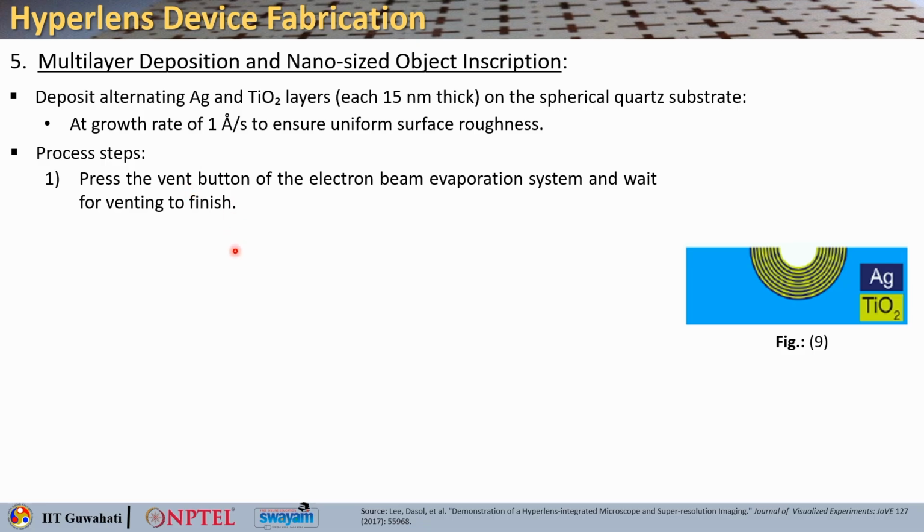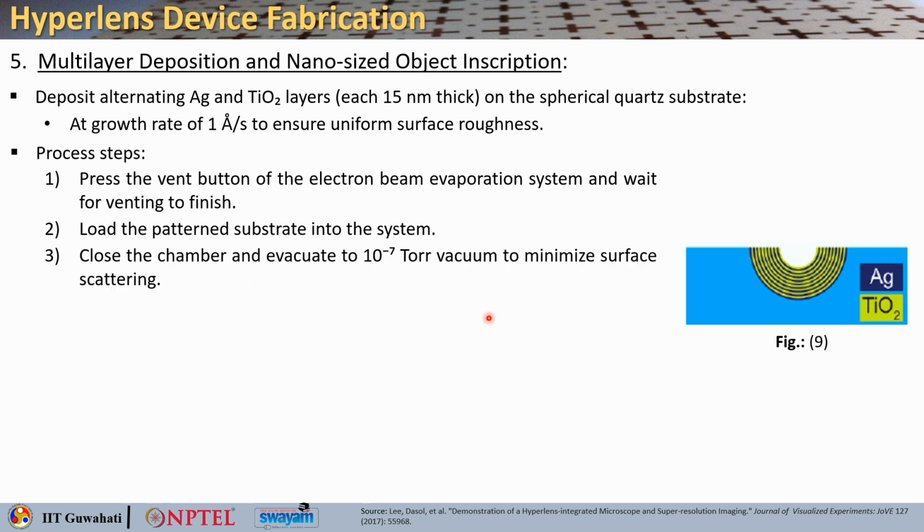The process steps involve, first, pressing the vent button of the electron beam evaporation system and waiting for the venting to be done. Then you load the patterned substrate into the system, close the chamber and evacuate it to 10 to the minus 7 torr vacuum, and that will minimize surface scattering.